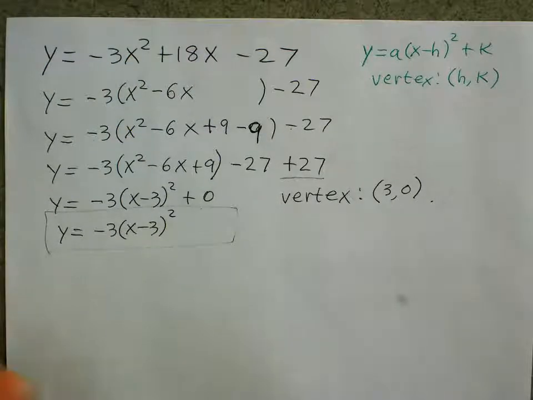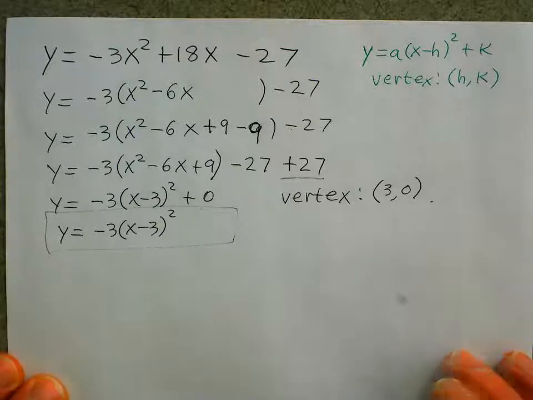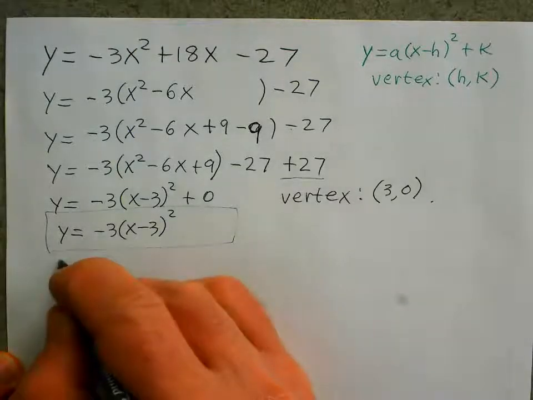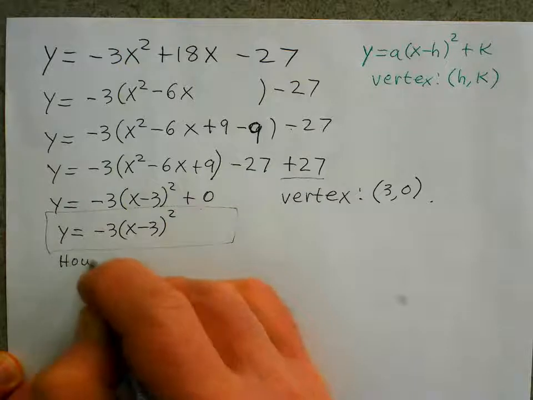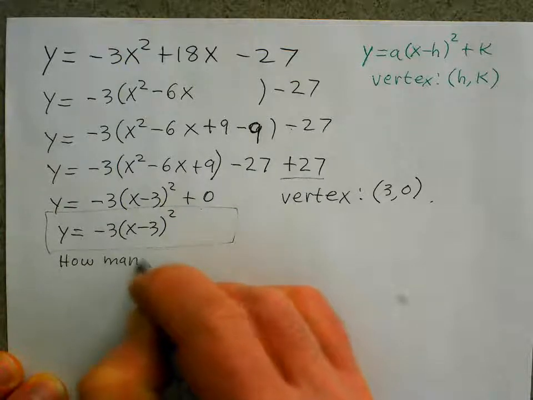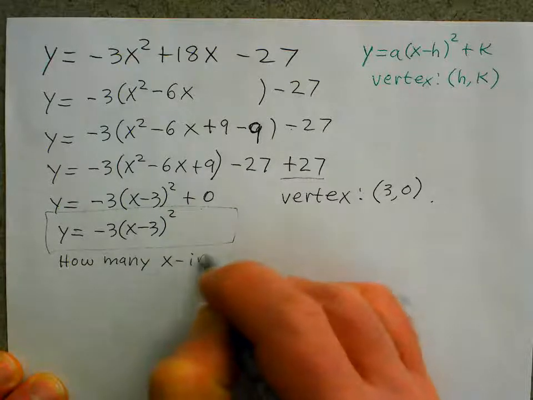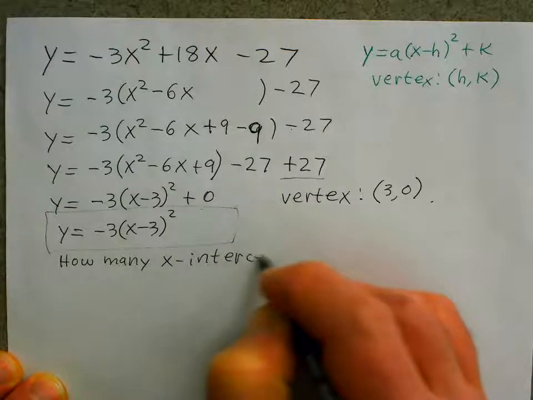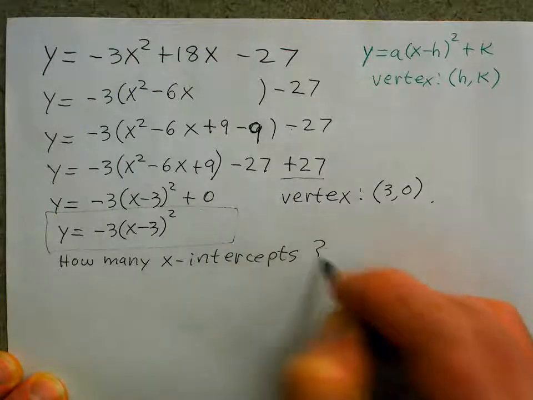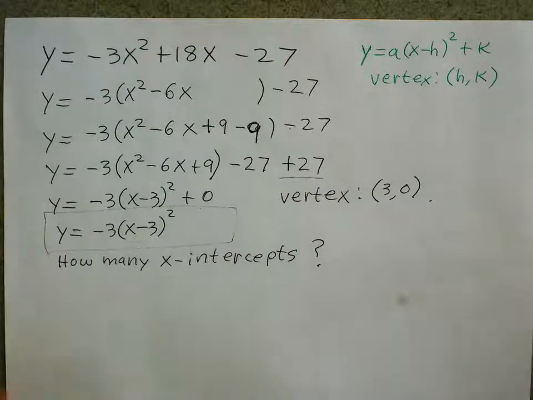Okay, how many x-intercepts are there going to be? So a parabola either has 2 x-intercepts, 1 x-intercept, or no x-intercepts.